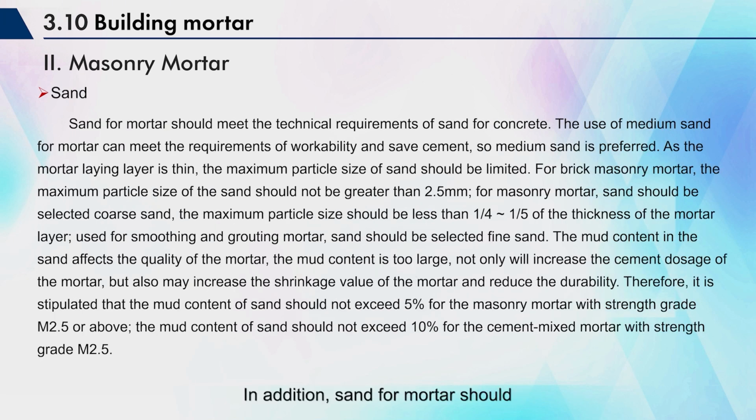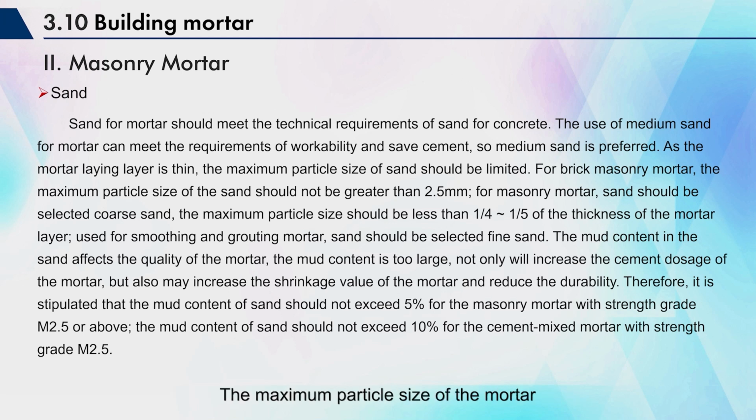In addition, sand for mortar should meet the technical requirements for sand for concrete. Using medium sand to mix mortar can not only meet the workability requirements but also save cement, so medium sand is preferred. Due to the thin layer of mortar laying, the maximum particle size of sand should be limited.